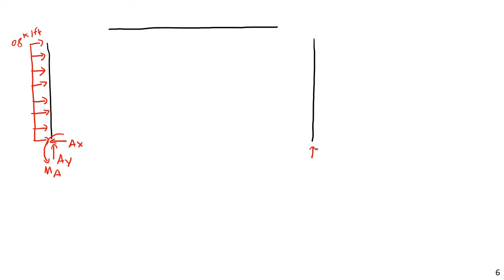So first I'm going to have DY, and then I'll have DX. Then I'll have my 6 kip force and my 3 kip force. And then I'll have a BY.